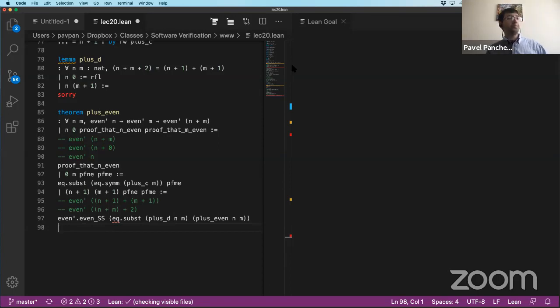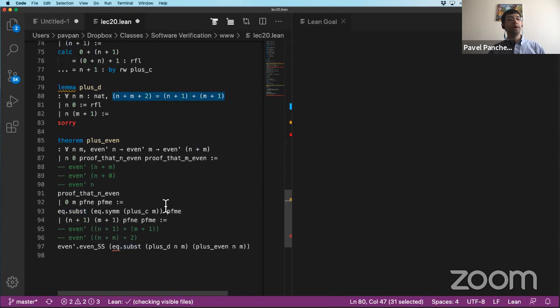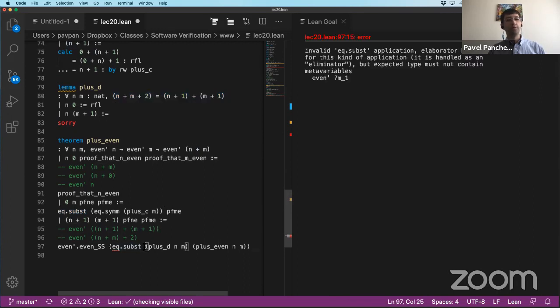My apologies. What I wanted to basically demonstrate here was the ability to use equalities that we've proven in some other way in our proof process to rewrite facts into equal form. So this here has the type that n plus m is even, and that should allow us to, oh, I see what it's unhappy about.